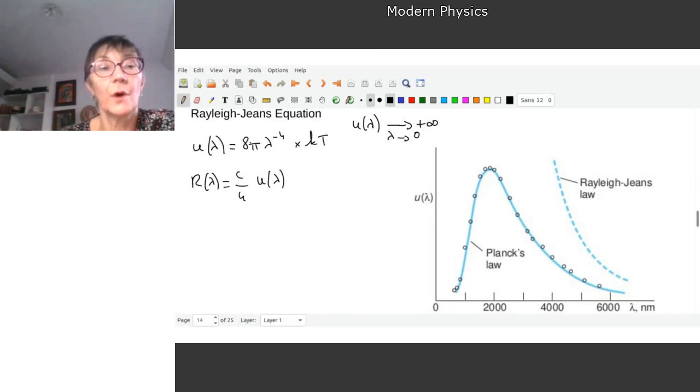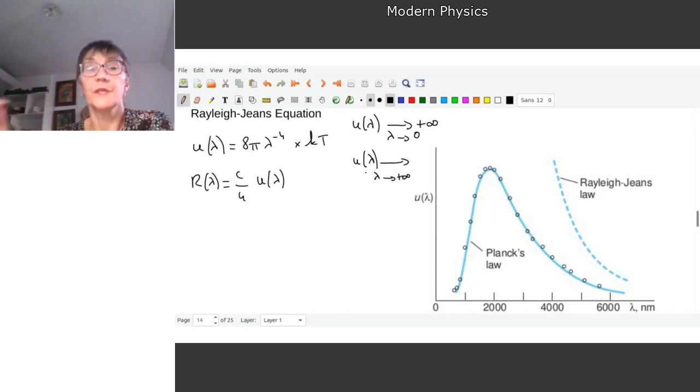It diverges like 8π over lambda to the fourth power. And when lambda goes to plus infinity, it goes to 0.